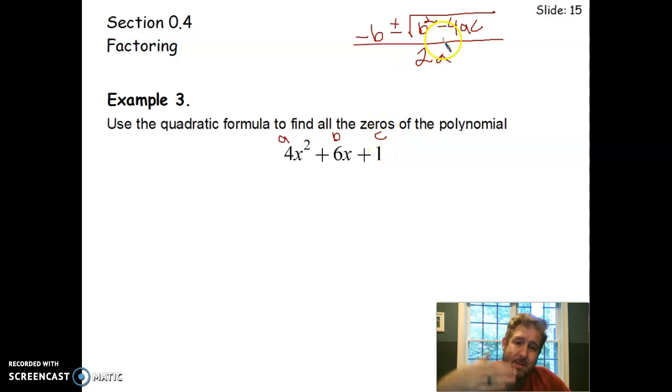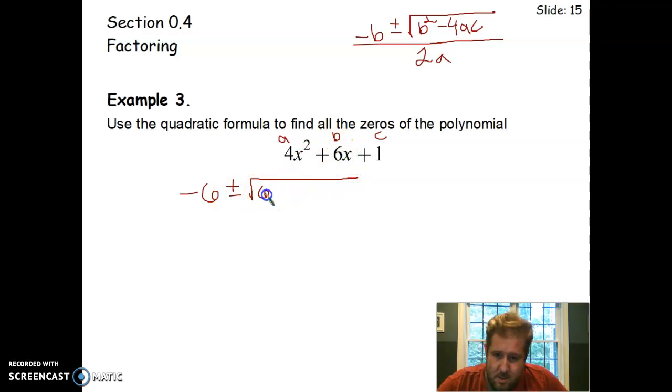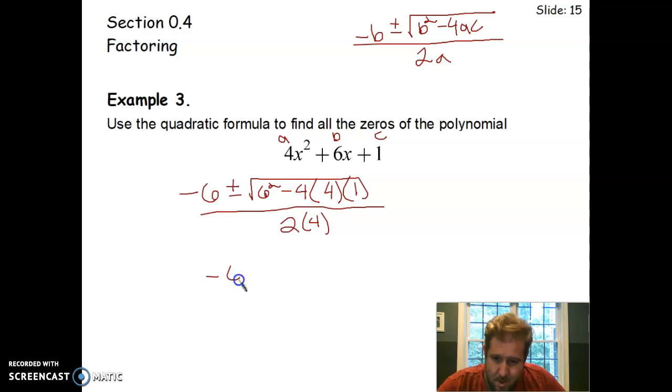Now it's just a matter of plugging these into our formula. So negative 6, because b is 6, plus or minus the square root of 6 squared minus 4 times a times c, divided by 2 times a. All right, so let's clean this up a little bit. Negative 6 plus or minus 6 squared is 36. Negative 4 times 4 is negative 16, and then all divided by 8.